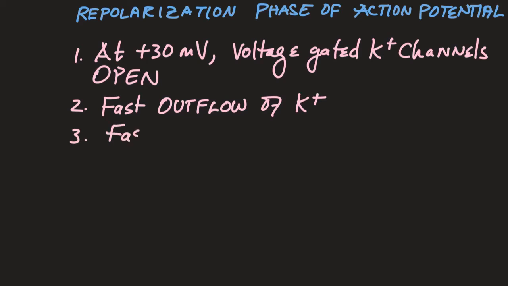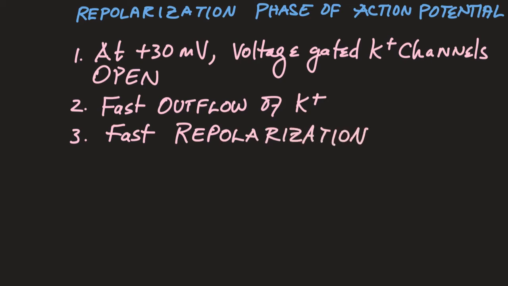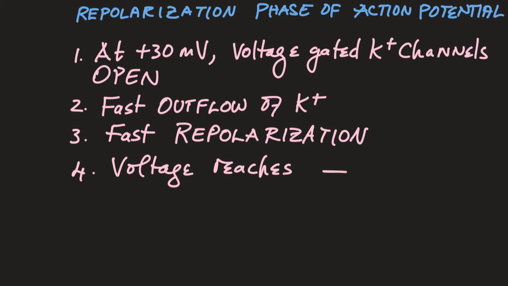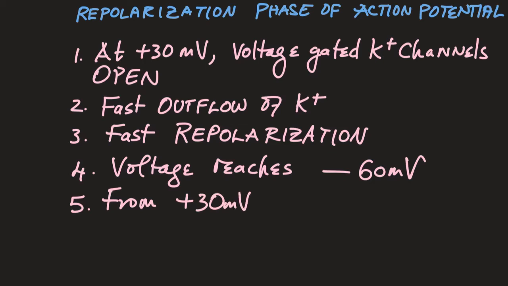This causes positive charges to leave the cell, resulting in a repolarization, and this repolarization is also rapid and reaches minus 60 millivolts so that the cycle can now repeat. The voltage from plus 30 millivolts to minus 60 millivolts, we call that the repolarization phase of the action potential.